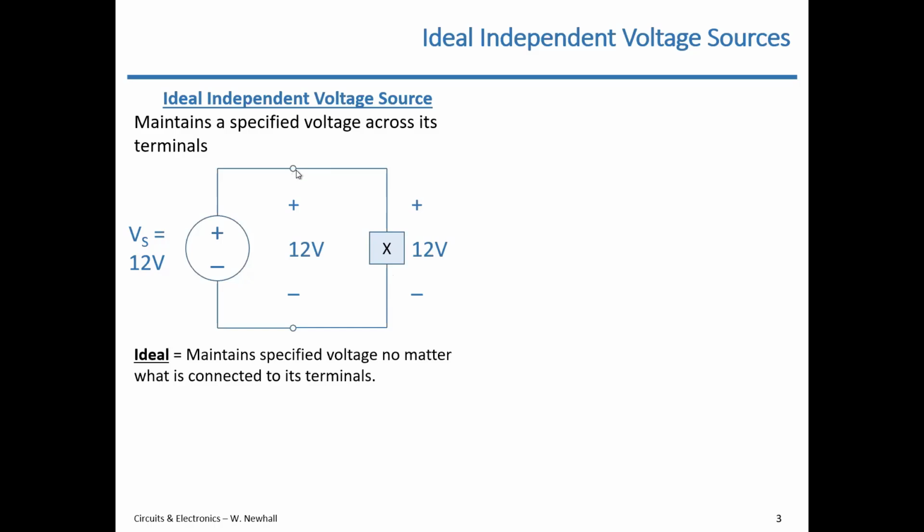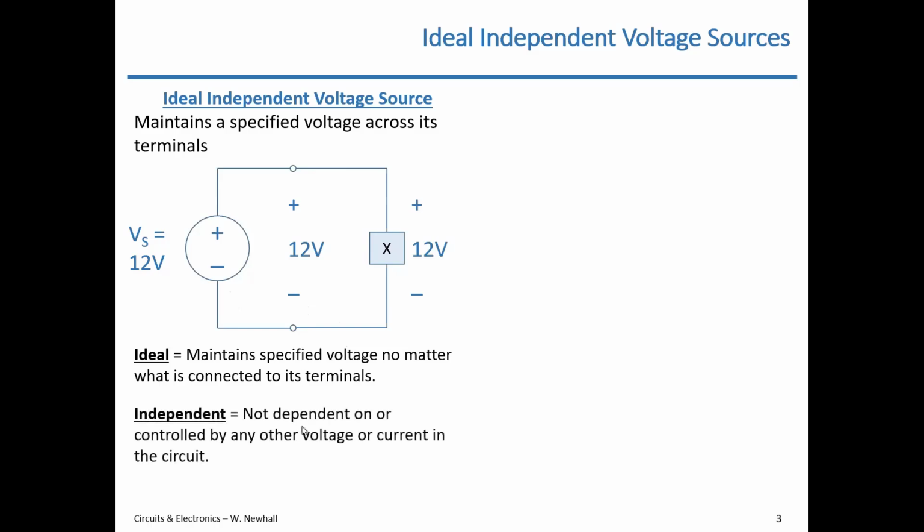Think ideal conductor in this case between the top and the bottom terminal. If I short the top to the bottom terminal, that means I have 0 volts between those two because they're the same node. The voltage between a node and itself is 0. So you can't have that. You can't short an ideal voltage source and have it mean anything.